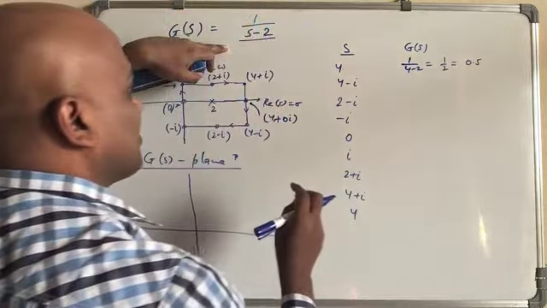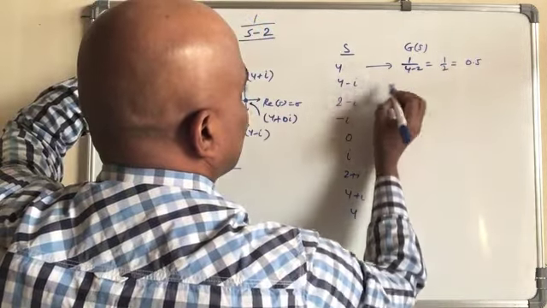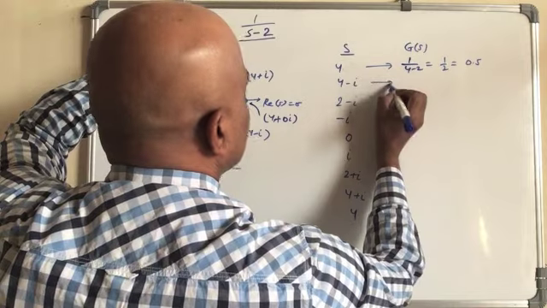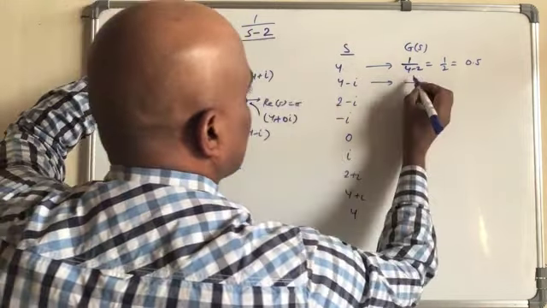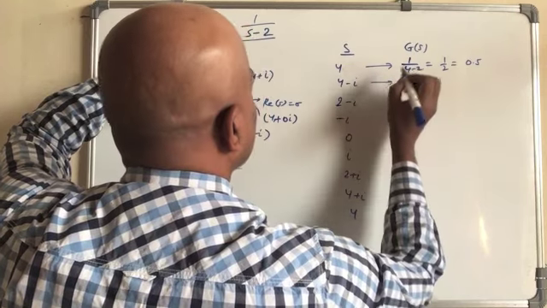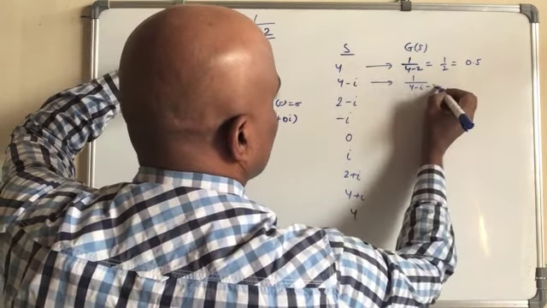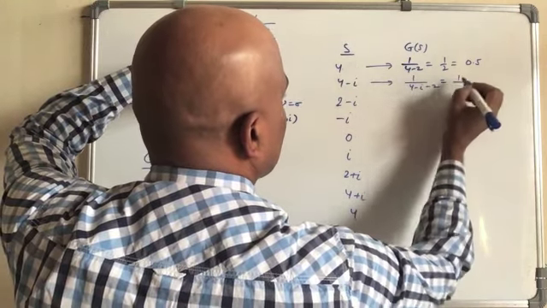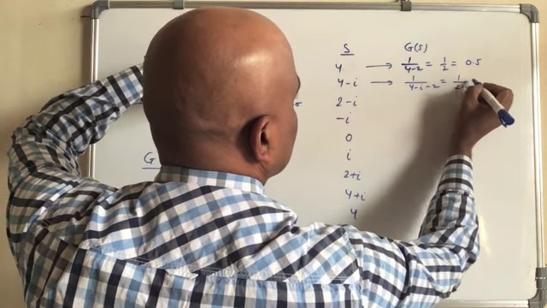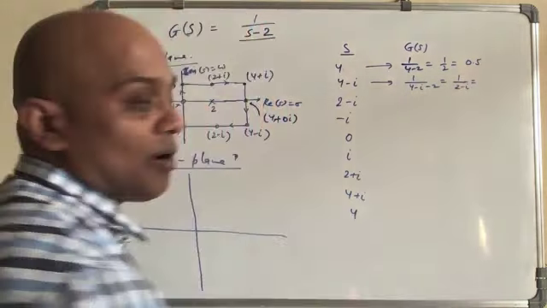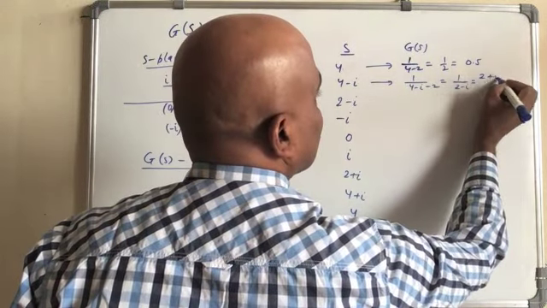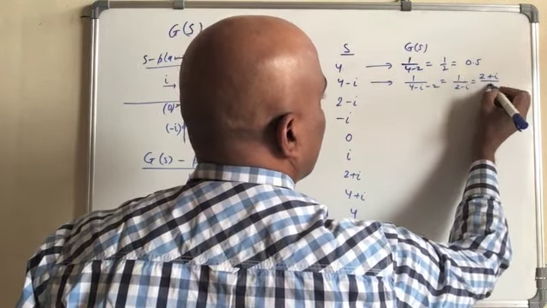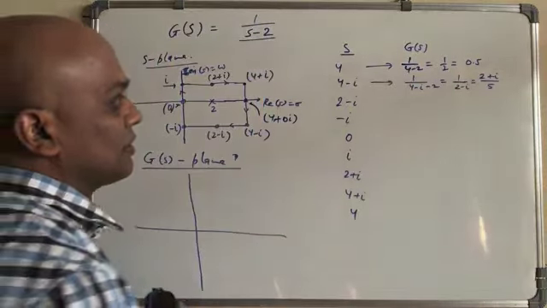Yeah, we get that mapping. Second, we have 1 over 4 minus i minus 2, so we get 1 over 2 minus i, or 2 plus i divided by 5.